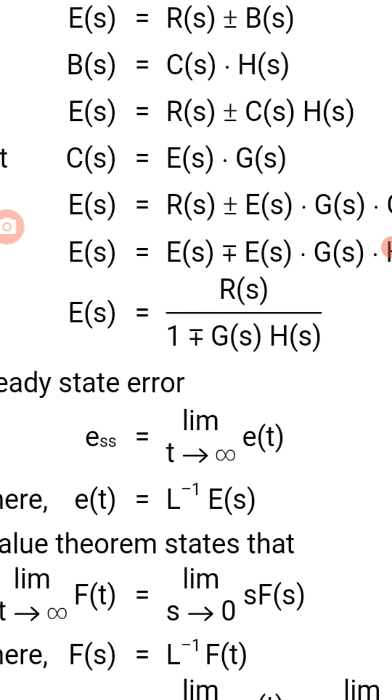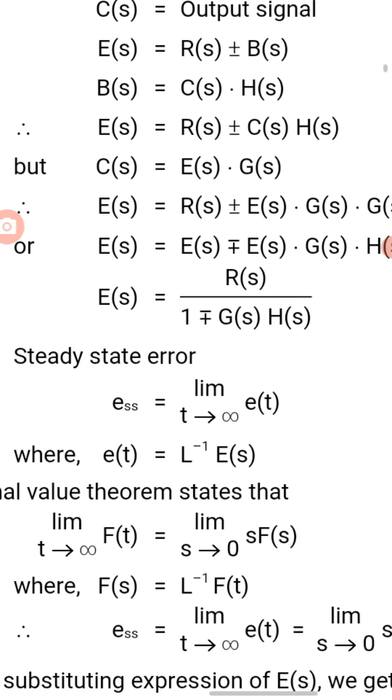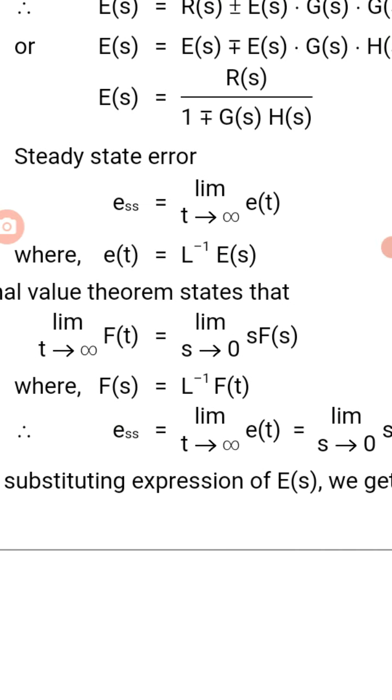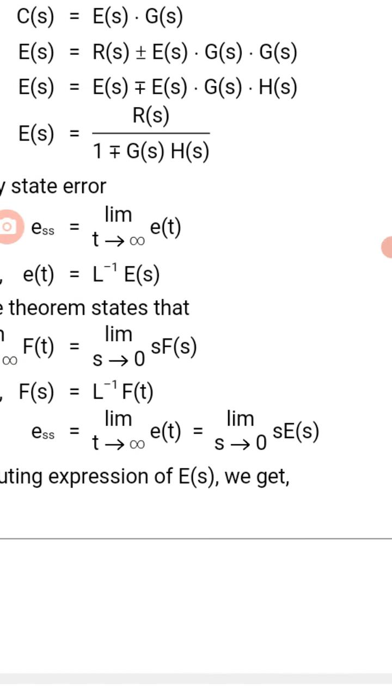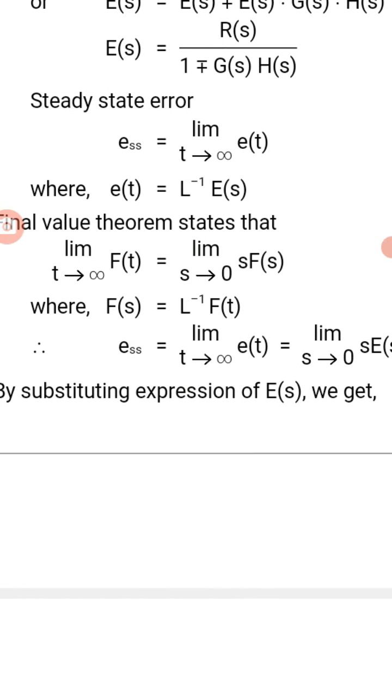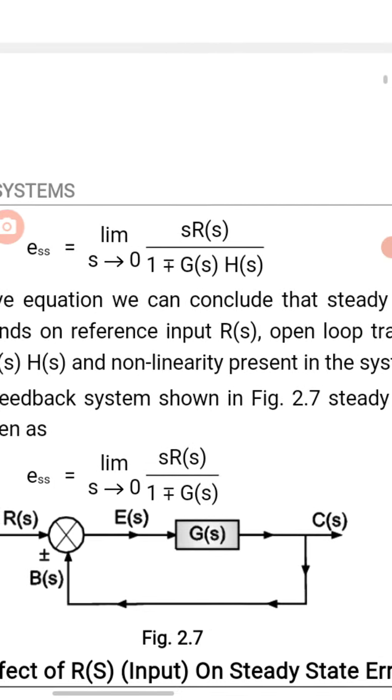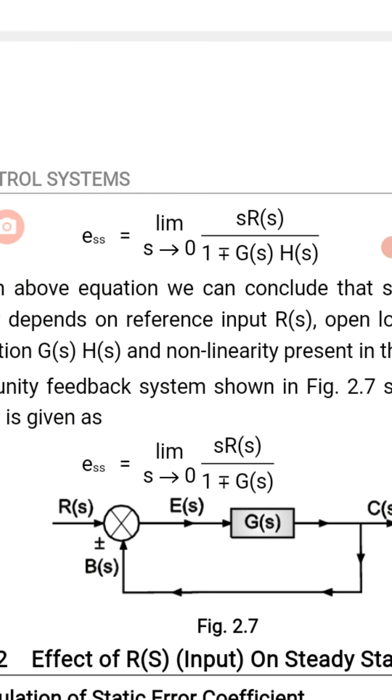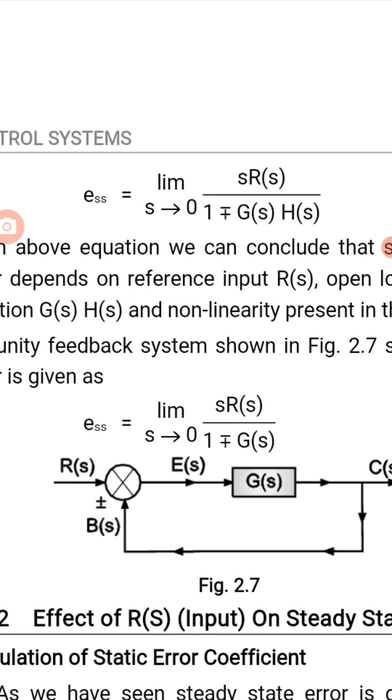There is always a certain error in the system, and taking its Laplace transform, the steady state error is given by limit s tends to 0 of s into E of s. So ESS is given by limit s tends to 0 of s into R of s upon 1 plus G of s into H of s.